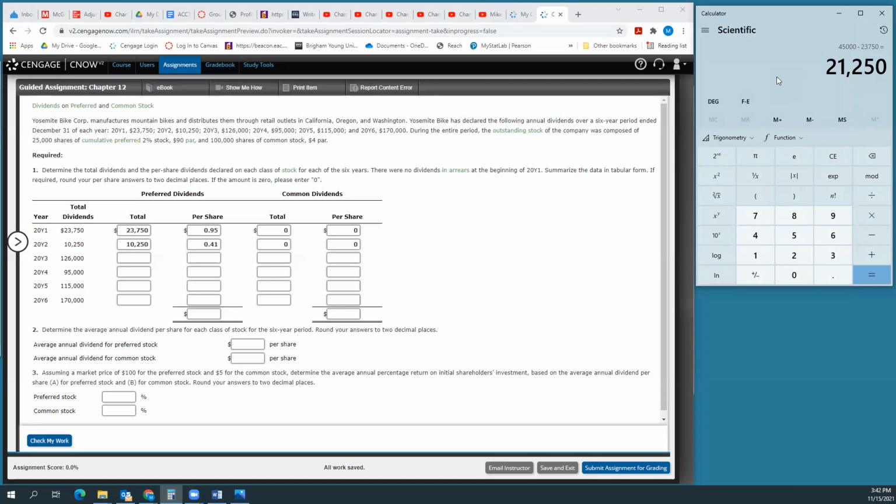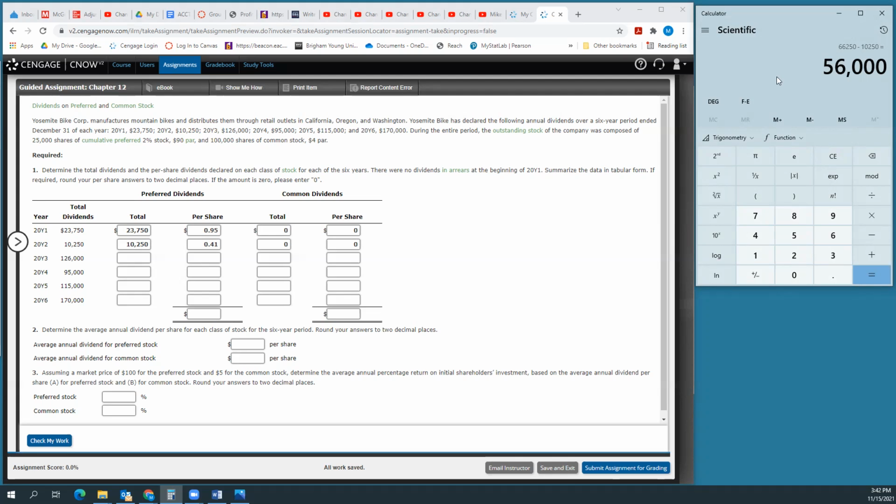Then in the next year, 2012, they promised another $45,000 to the preferred shareholders, and they only paid out $10,250, which means at the end of that second year, they owed $56,000 to the preferred shareholders.